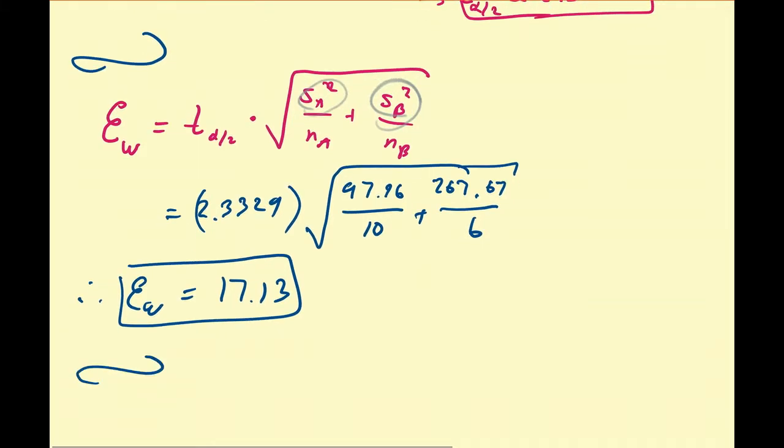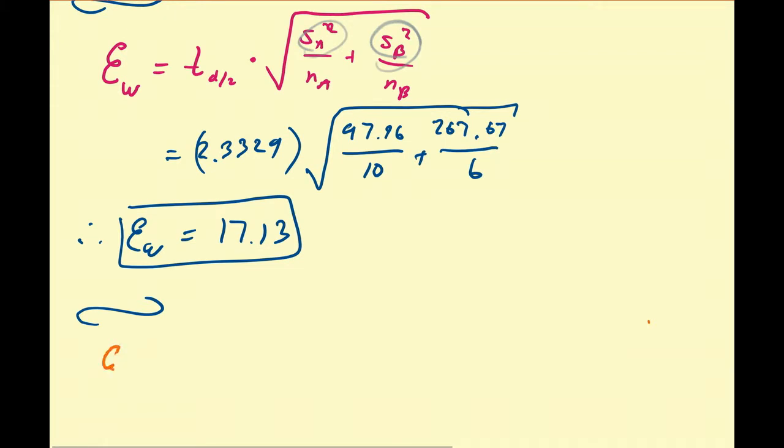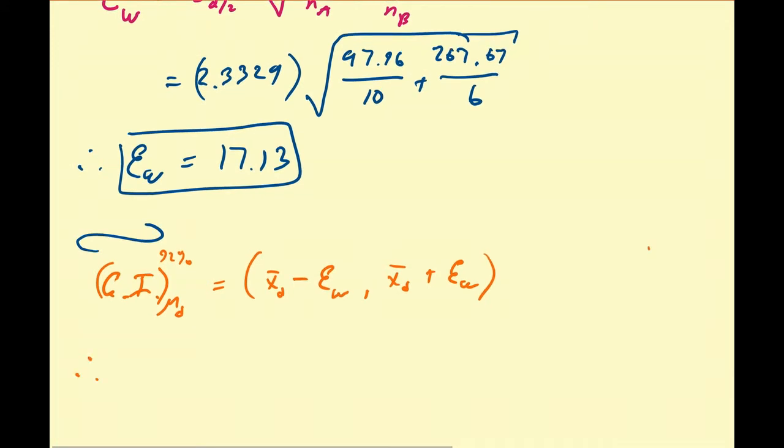All right, wonderful. So once we have this, what do we do? If we have our marginal error, our confidence interval for our mean difference under a 92% confidence level, as a point estimate, we're going to use x bar d, and then we're going to subtract and add our marginal error to that. So once we do that, what do we get? Recall our point estimate x bar d was 6.87.